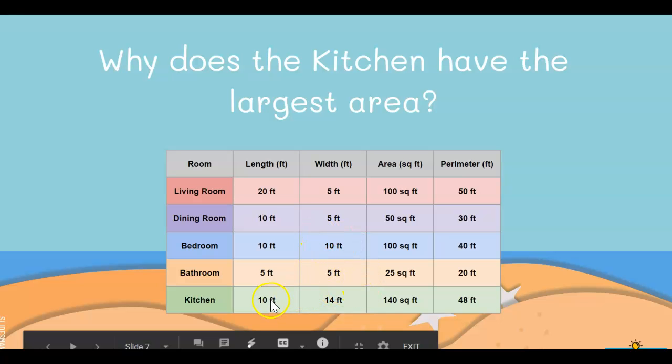So the kitchen dimensions allow for more space than the others. Okay, so if we drew this rectangle out and you put all the different square feet inside of it, and if you counted them all, you would know that this is a bigger number than the rest. Or if you simply multiply them, the 10 times the 14, it becomes a bigger number than all the other ones.